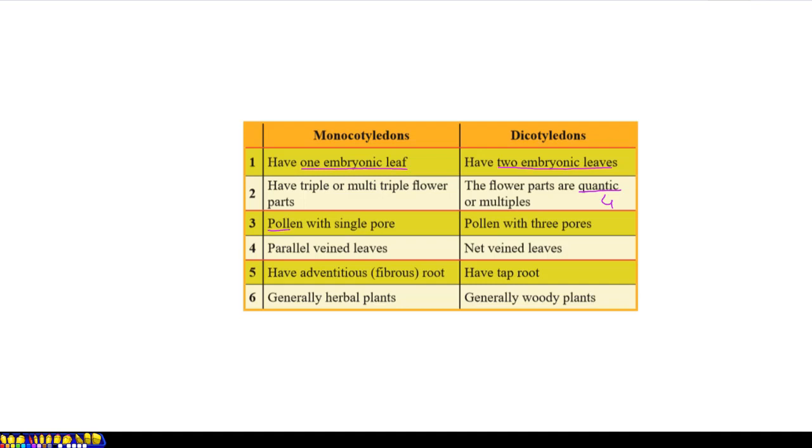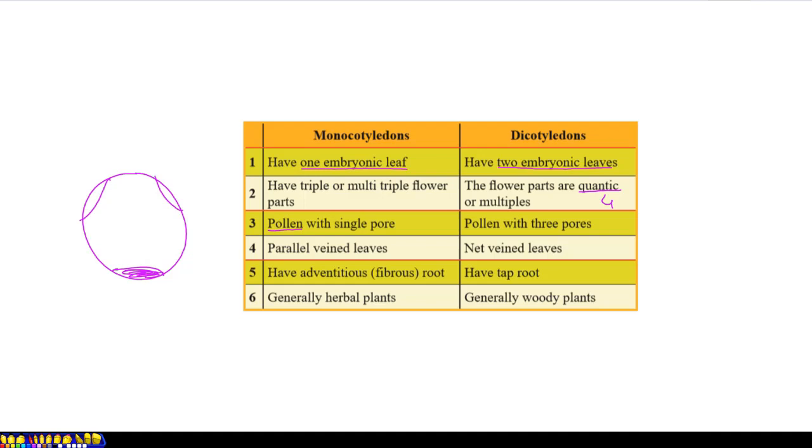The pollen, which is represented by an immature male reproductive cell or gametophyte, has one single pore. It will look like this. There are thin regions in the cellulosic wall for germination of the pollen tube. If there is one single thin region, it is a monocotyledon, but if there is more than one, two or three, it is a dicotyledon plant.